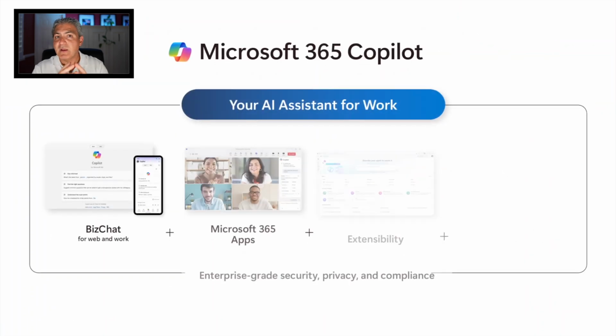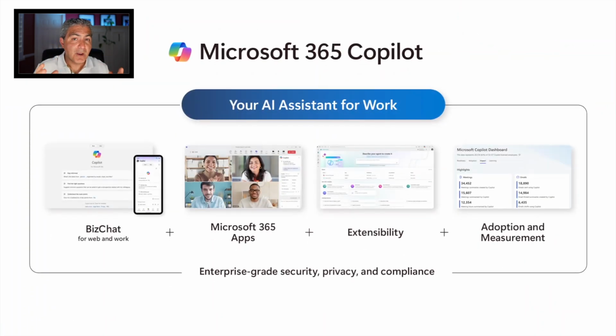Now, the thing is that when most people think about Microsoft and AI, they think about Microsoft 365 Copilot, which is your AI assistant for work. It's wonderful because you can use business chat to ask it questions about your emails and Teams messages and help you prep for your upcoming meetings. And it lives inside your applications as well, like Word, PowerPoint, Excel, and so on.